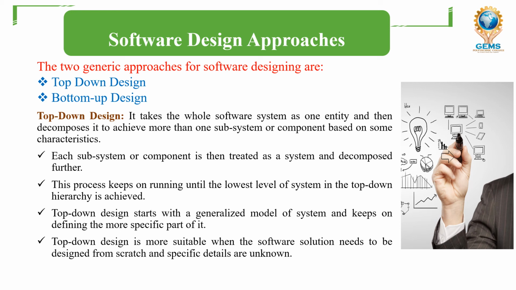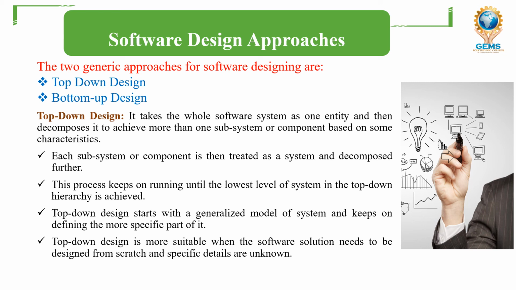Another point under top down design says that each subsystem or component is then treated as a system and decomposed further. That means such subsystems or components are again decomposed to make them simpler. This process keeps on running until the lowest level of the system in the top down hierarchy is achieved.